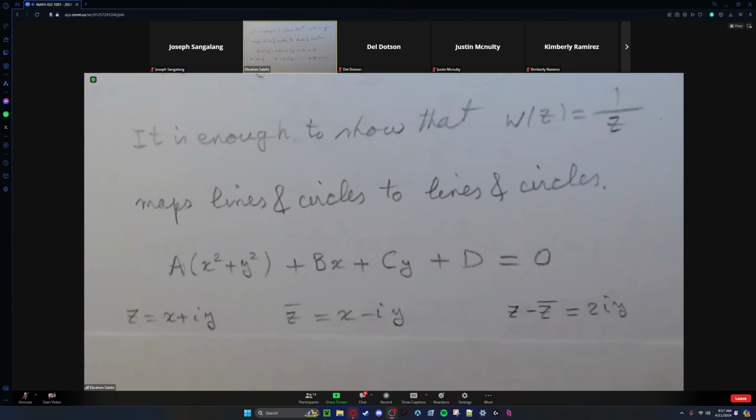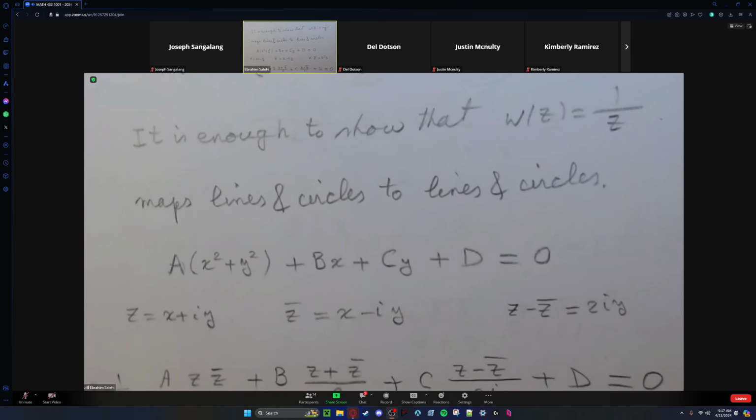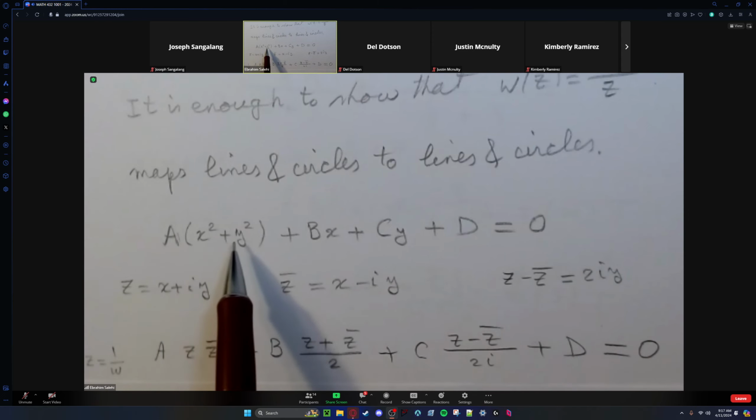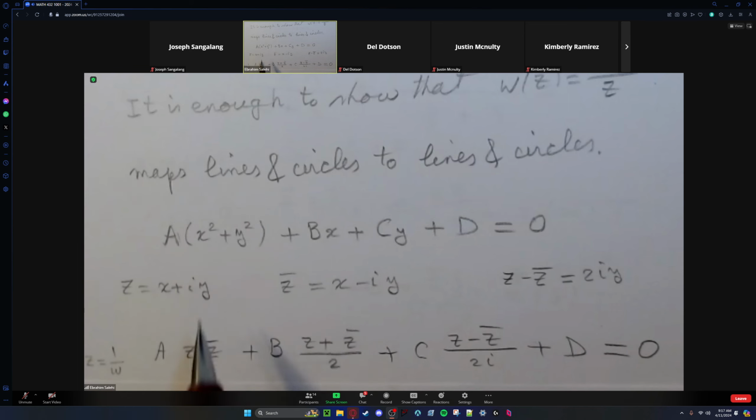We know that this is modulus of z squared, which is z times z bar.